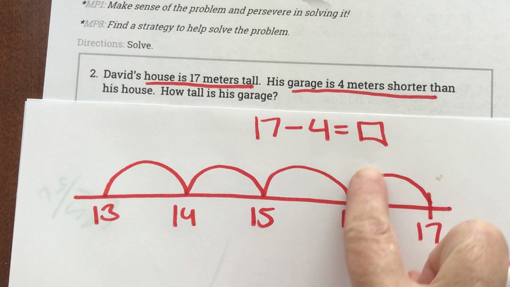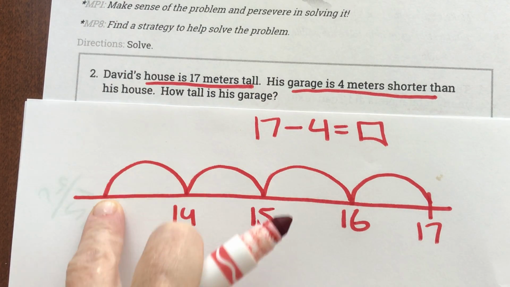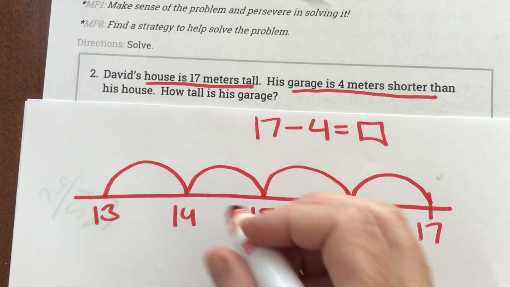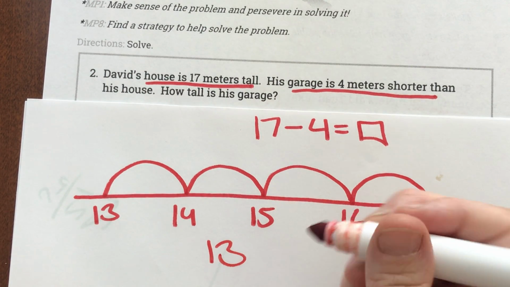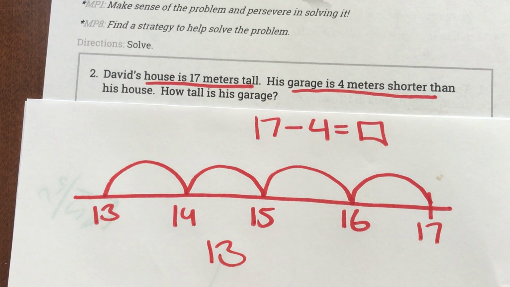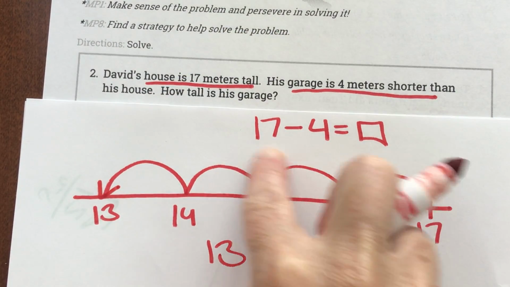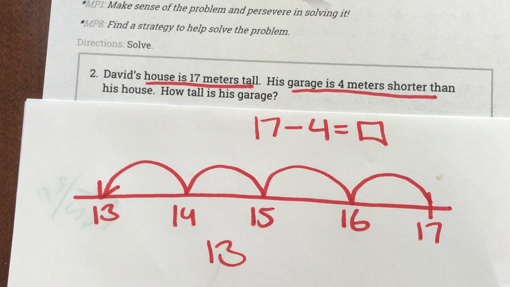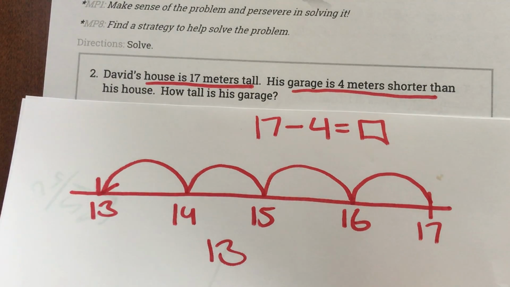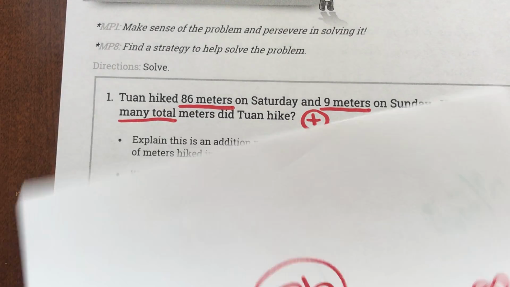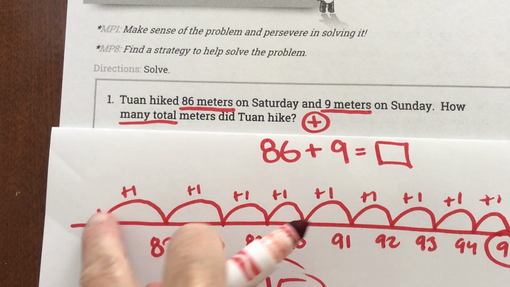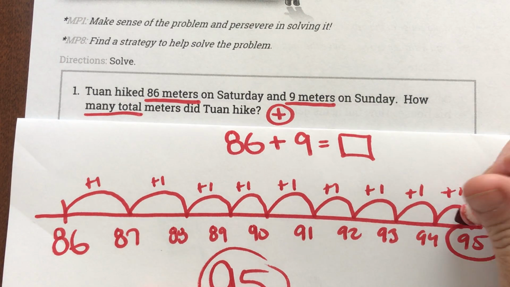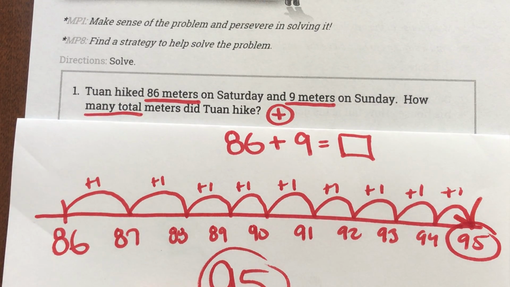So I counted back 1, 2, 3, 4 counts, and that gave me an answer of 13. So his garage is 13 meters tall. But notice the direction I went this time. I counted backwards because I was taking away, or subtracting. But when I did the first problem, that's not what I did. When I was adding, I counted forward, I counted on. So that's the difference there.